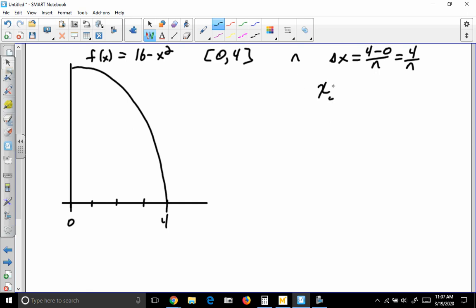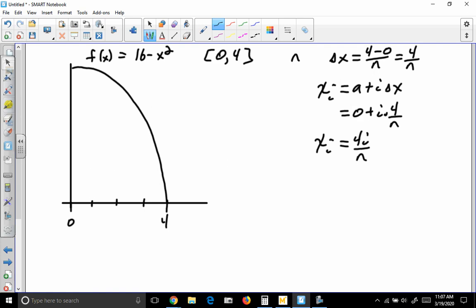So x sub i is a plus i delta x. So 0 plus i times 4 over n. So our x sub i, we could call that 4i over n. Now keep in mind that i is not the square root of -1.